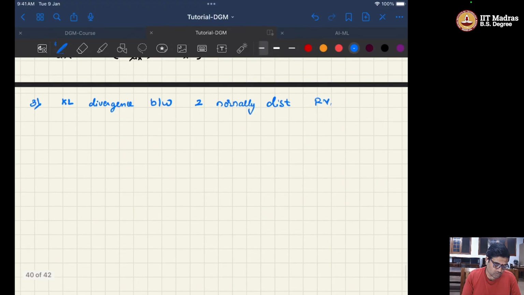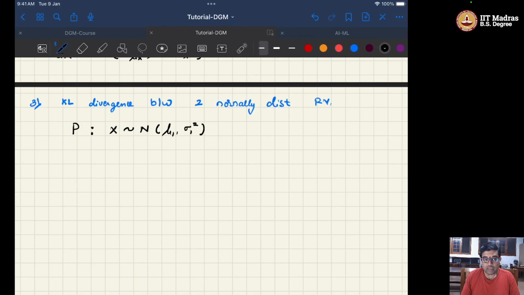Okay. So now I'll say that I have P, which is your distribution, which is X. Now this is normal distribution mu1 and sigma 1 square.